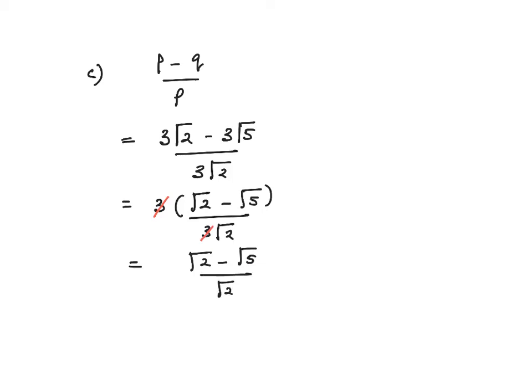What I'm going to do is to multiply top and bottom. I'm going to put a bracket around these terms first, and then multiply top and bottom by root 2. So what does that mean? Well, I've got this root 2 multiplying this root 2, that gives me root 4.